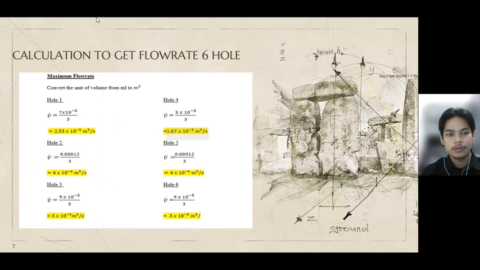So for hole 1, we get V dot equals 7 times 10 power of negative 5 divided by 3, and we get 2.33 times 10 power of negative 5 meter cube per second for the maximum flow rate. This is the sample calculation for all the holes to get the maximum flow rate.